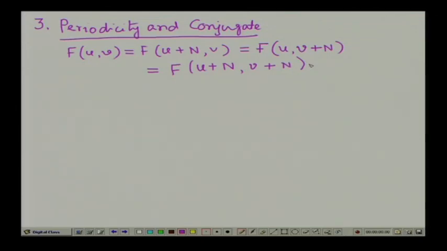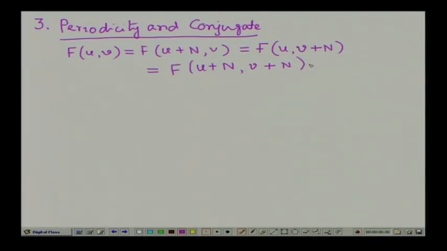So, this is what is meant by periodic. If you find that the Fourier transformation F(u,v) is periodic both in the x direction and in the y direction, that gives rise to F(u,v) equal to F(u+N,v+N), which is the same as F(u+N,v) and also the same as F(u,v+N). Now, let us see how we can derive or prove this particular property.